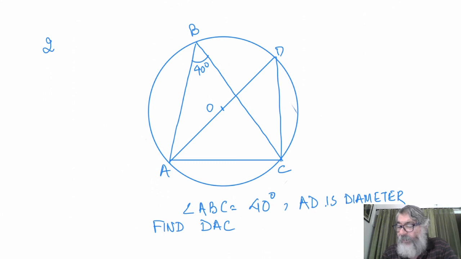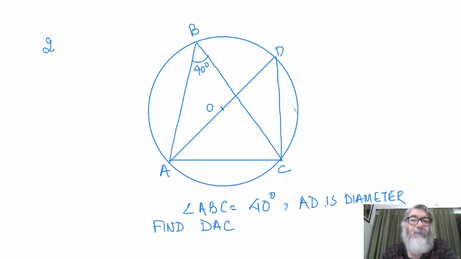Find DAC. Now in this, two things we are going to use. One, angles in the same segment of a circle are equal. Time and again we are doing same segment so that it becomes very clear to you what a segment is. On the arc AC, two triangles are formed whose vertices lie on the circumference, ABC and ADC.